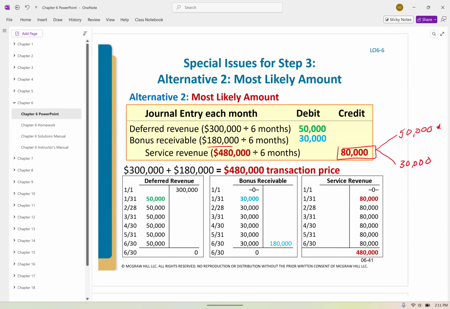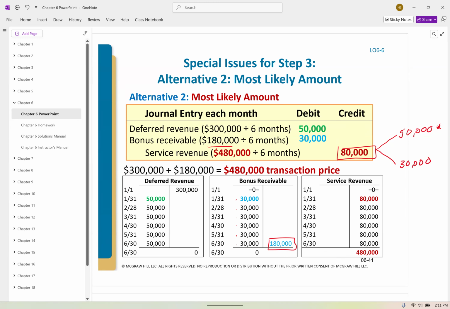We were debiting the bonus receivable, 30,000 for 6 months. That's the 180. That way, if we already have that receivable because they weren't going to pay us till the end, assume that they paid us. We did make it over 15,000 hours. We've got another one that we're going to do that it didn't. So just trying to clarify which one of these and kind of separate them out. Okay. So that's where the 80,000 comes from.